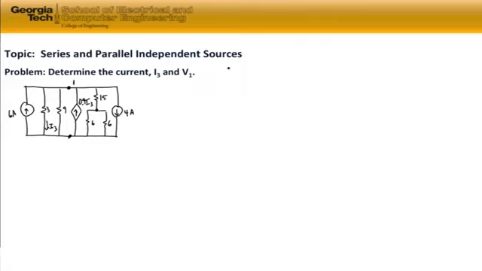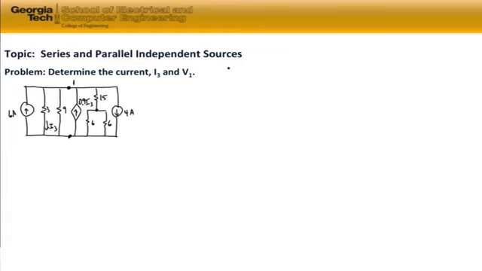To do this, the first thing we're going to do is start combining some of our elements. We see that we have a parallel combination of several elements in this circuit, but in particular, a parallel combination of current sources. We have a 4 amp downward current source and a 6 amp upward current source on the right-hand side of the circuit.